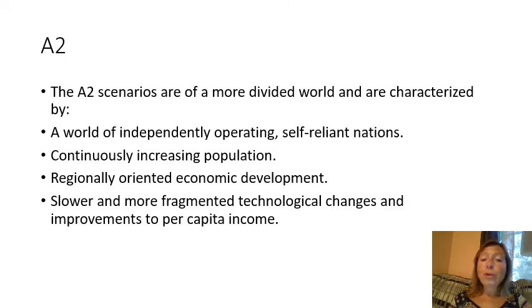We would see more regionally oriented economic development. We would see also more contrasts, more difference between different regions, and also because it's more the scenario where every region or every country is on its own, there will be slower and more fragmented technological changes, and there will be less improvement to per capita income compared to A1.